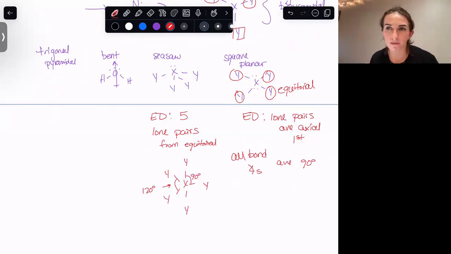In order to minimize repulsion, you're going to remove the 120s first, and then it all squeezes towards the other side. So it's not always going to be axial first. It depends on your electron domain.